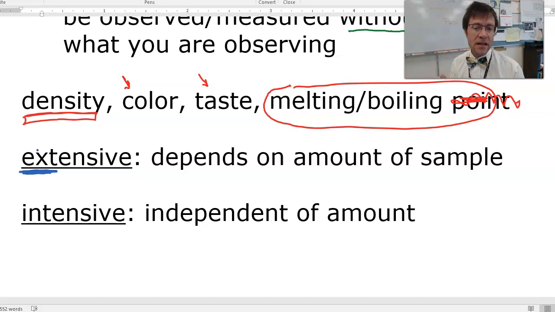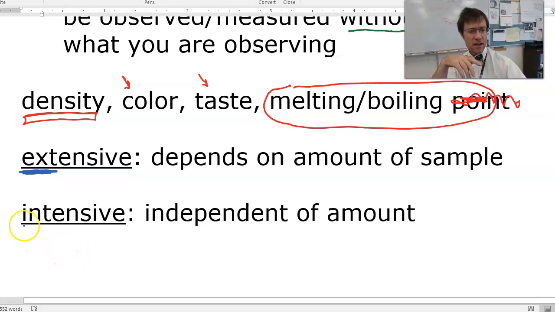So really it only depends on the amount of sample that you have, okay? That would be like size, mass or shape, something like that, right? That's an extensive property. And it can change, right? So you can have 10 pounds of copper, you can have 2 pounds of copper. The mass changes based on the amount of copper that you have.